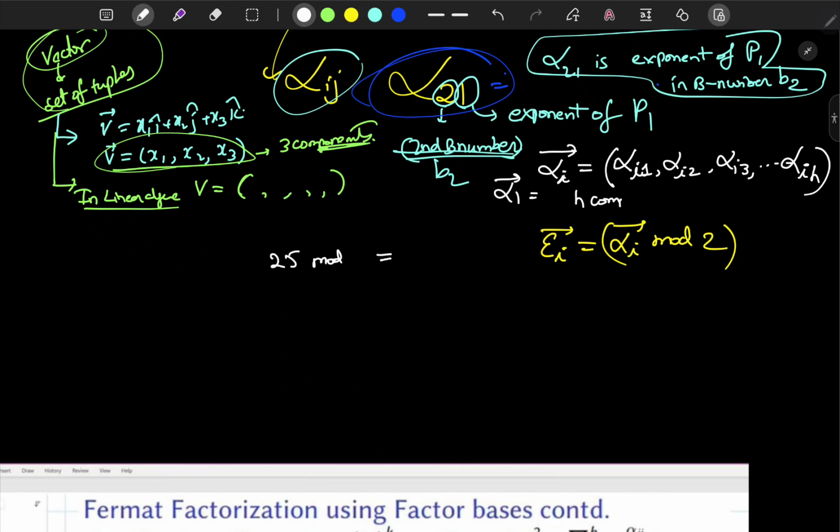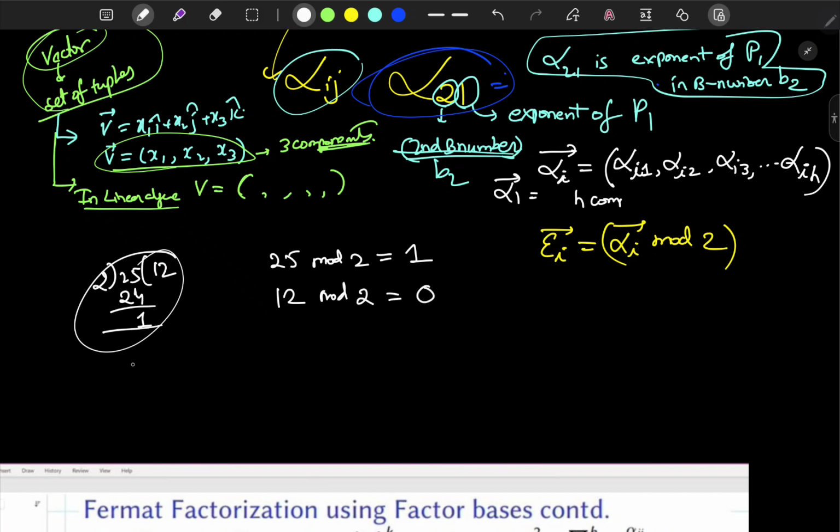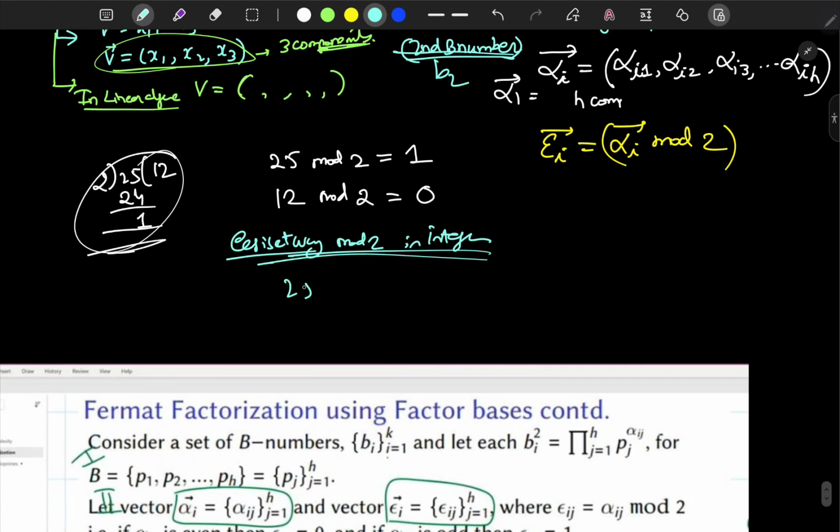One way is to calculate it the rudimentary way, 25 mod 2 gives 1. For 12 mod 2 it is 0. There is an easier way to compute mod 2 for integers: for odd numbers the answer is 1, for even numbers the answer is 0.